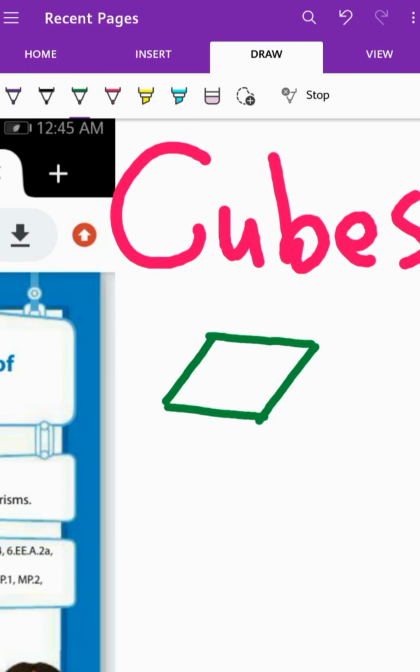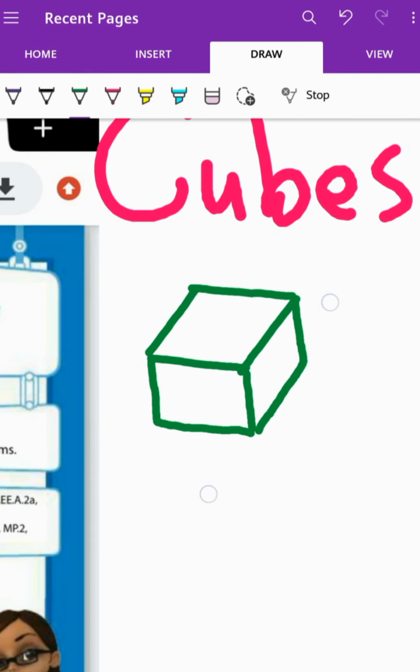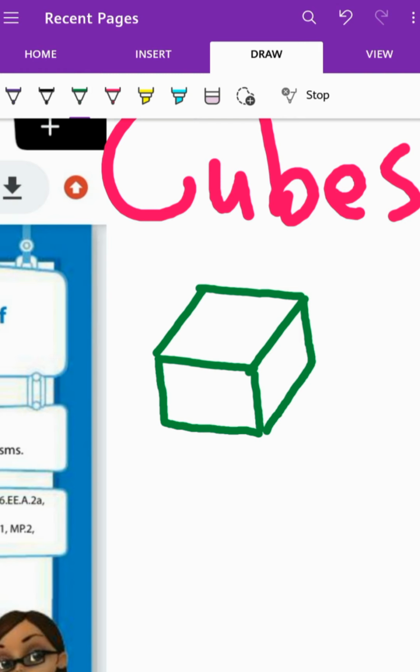Okay, this is a square, and I will make a cube like this. I try to do my best, my dear students, and let us agree that we can see three faces. When I say three faces, I mean three squares I can see.